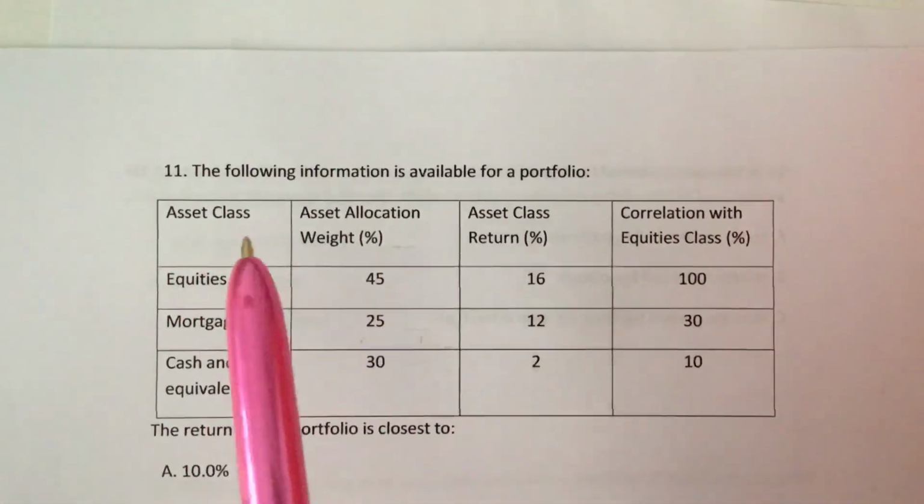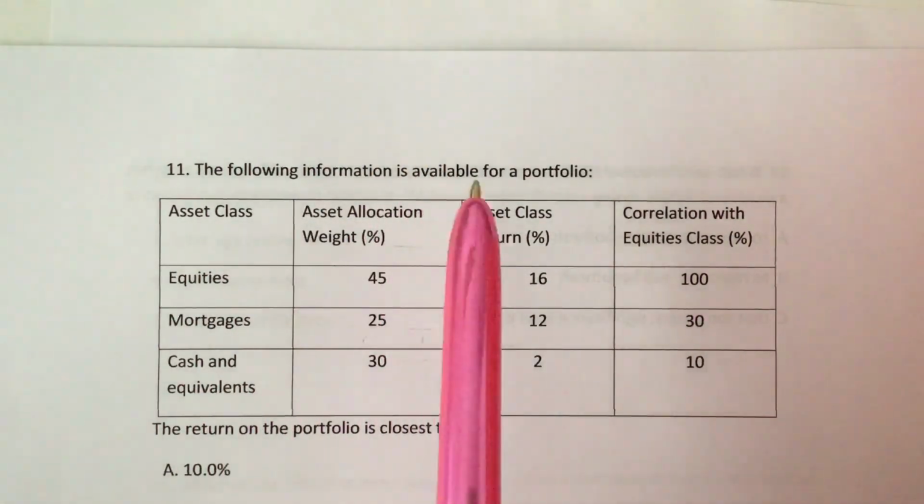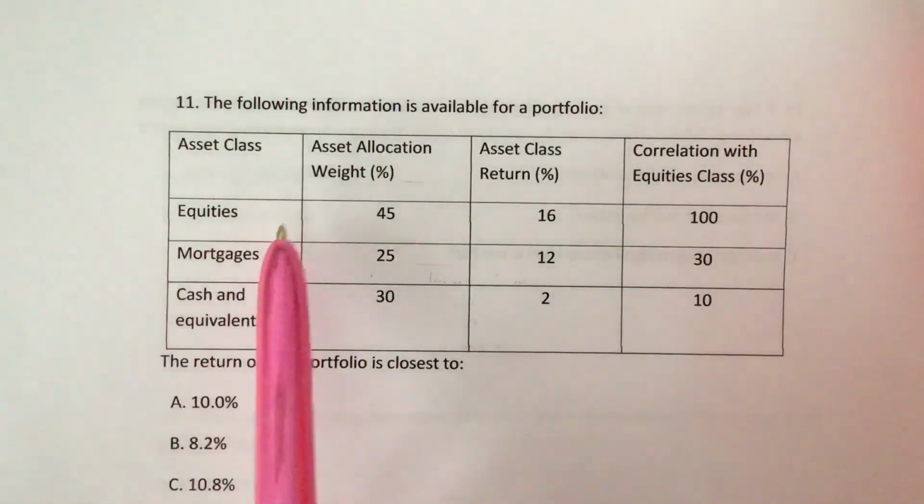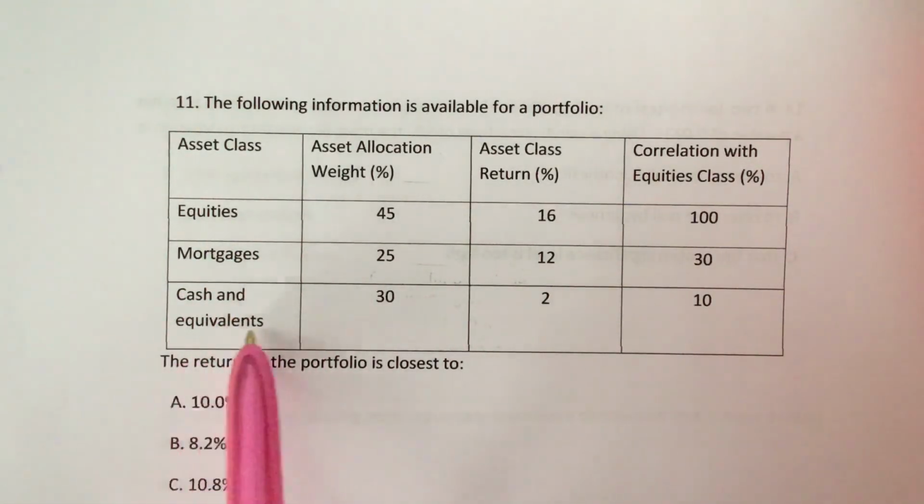Question 11. The following information is available for a portfolio. We have equities, mortgages, cash, and equivalent.